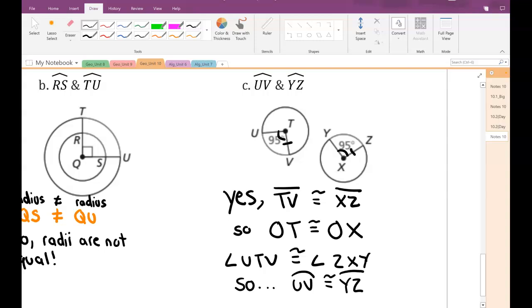This one took more justification because I first had to show that these two circles are congruent to each other. If they're congruent, then I can use the other theorem. So first we use theorem 10.3 to prove that the circles are congruent, and then we use 10.4 to prove that our arcs are congruent.